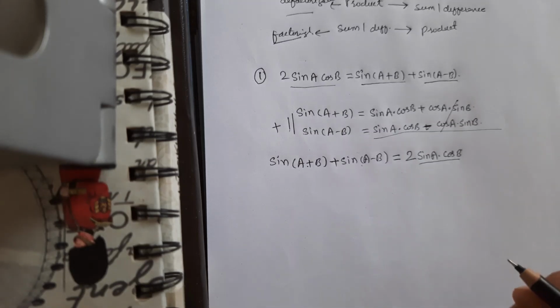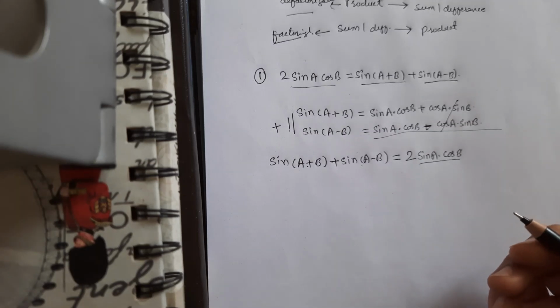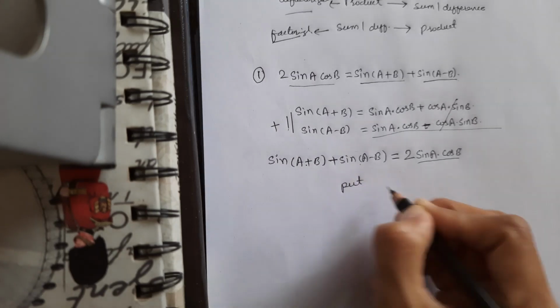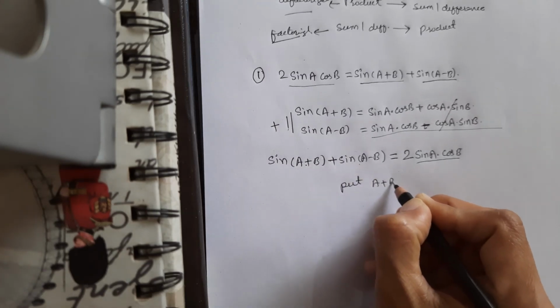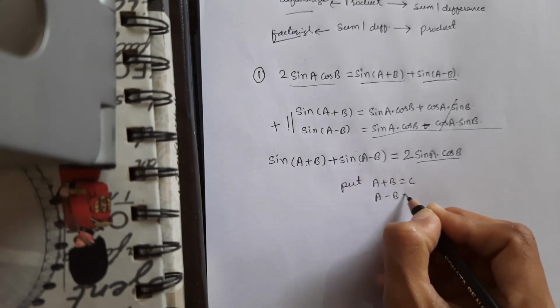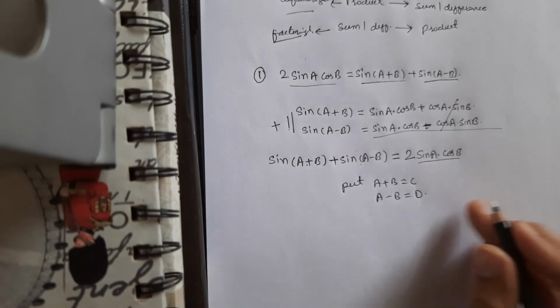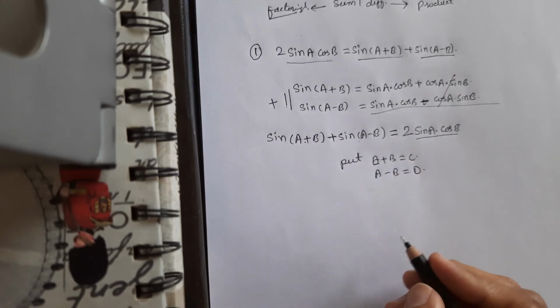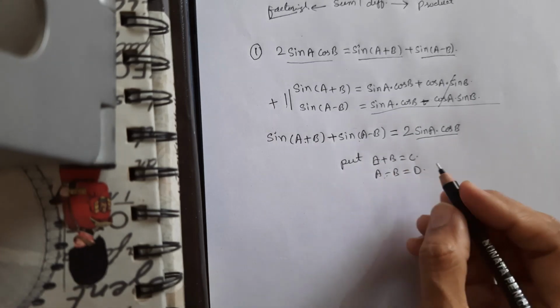Now for the factorization formula, I just substitute A plus B equal to C in this formula, and A minus B equal to D. Now what will be the value of A in terms of C and D? I just add these two equations.